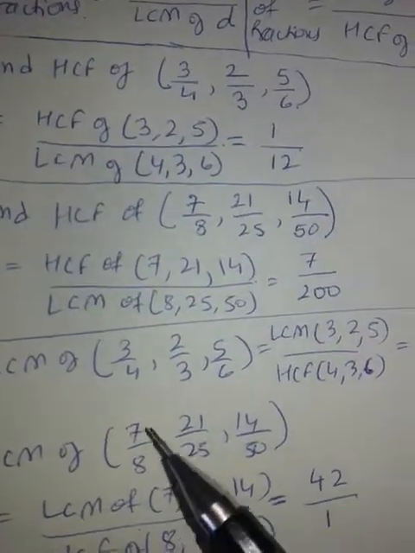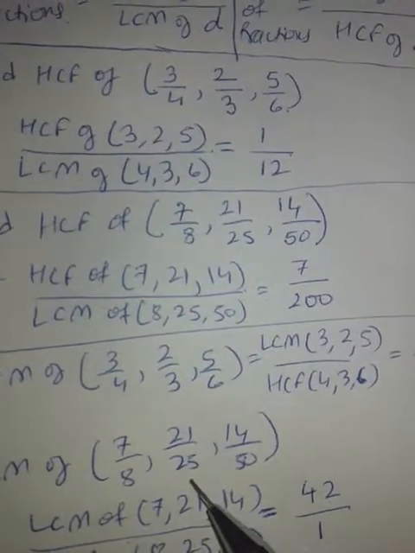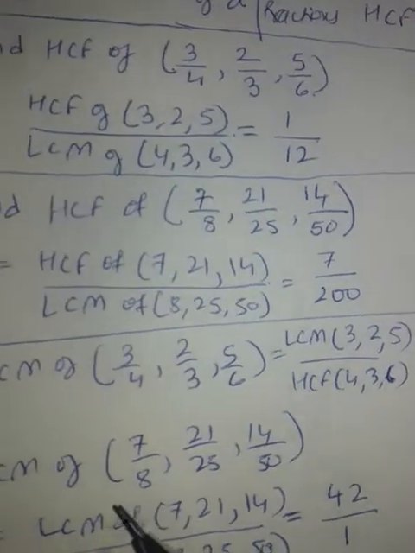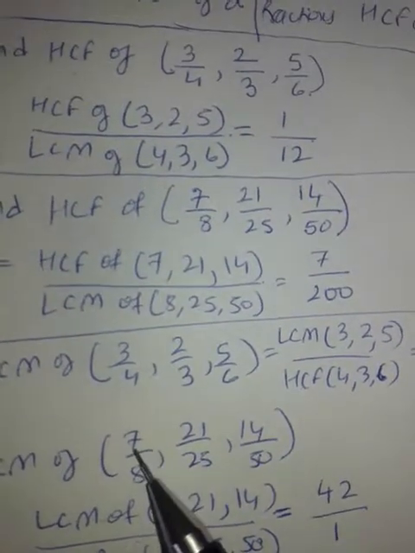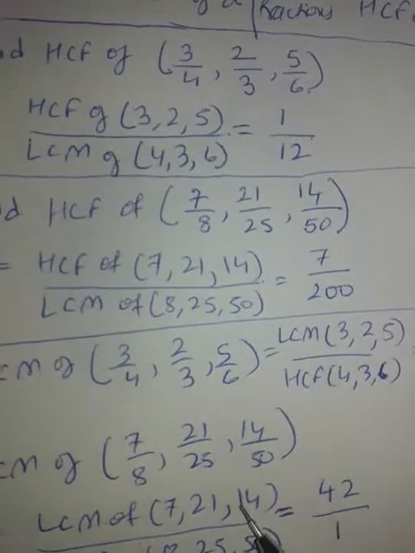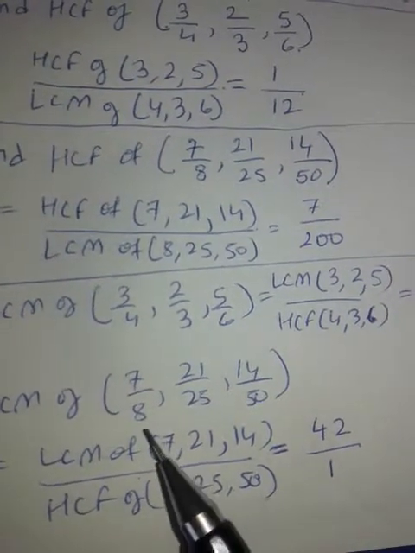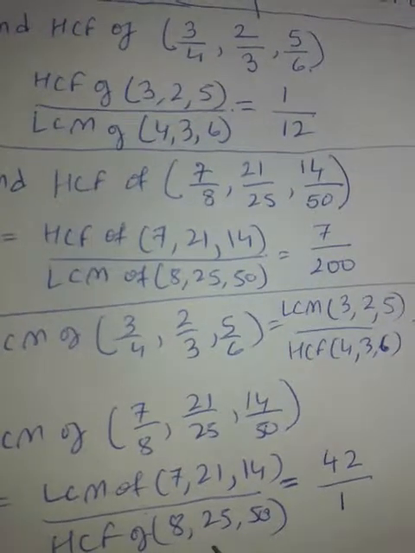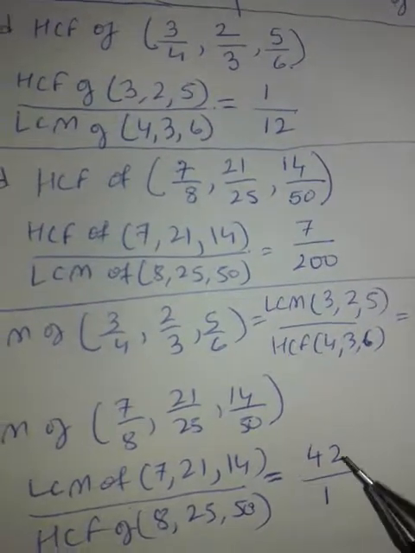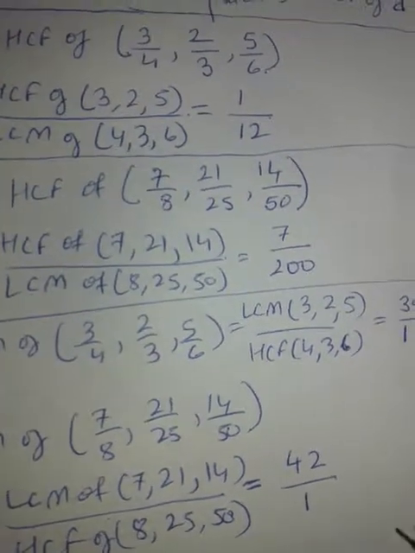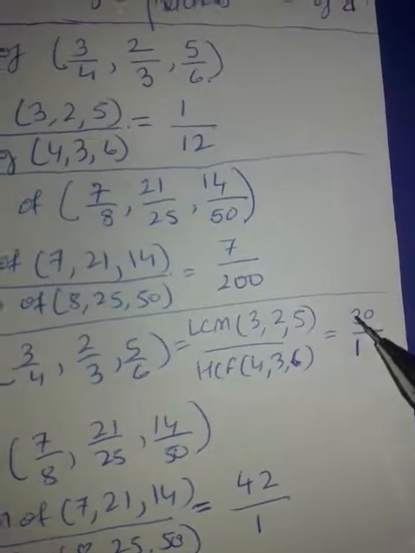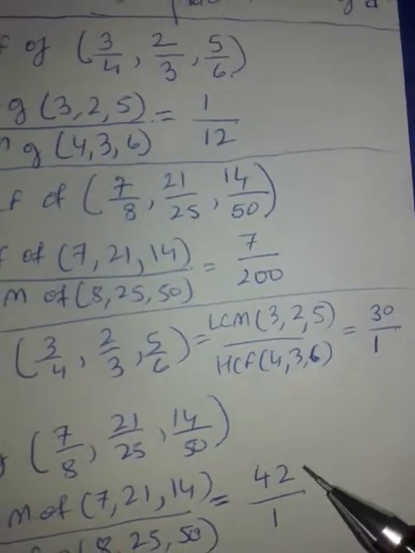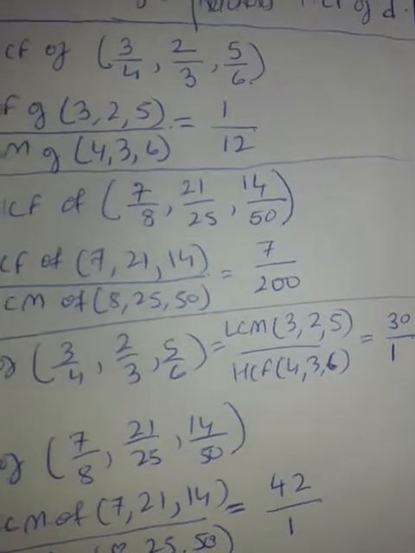Next, LCM of 7 upon 8, 21 upon 25, 14 upon 50. That means LCM of 7, 21 and 14 upon HCF of 8, 25 and 50. This comes out to 42, this comes out to 1. So this is 42 upon 1, that is 42. 30 upon 1, that is 30. 42 upon 1, that is 42.